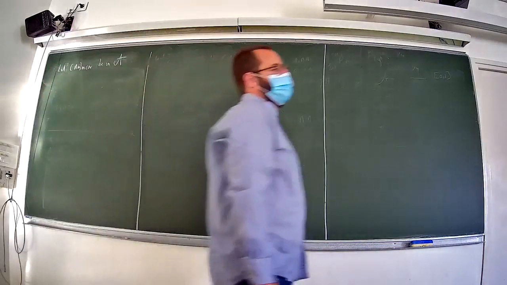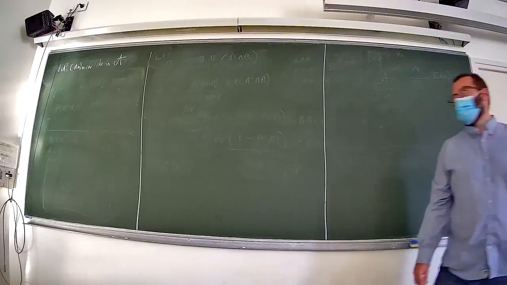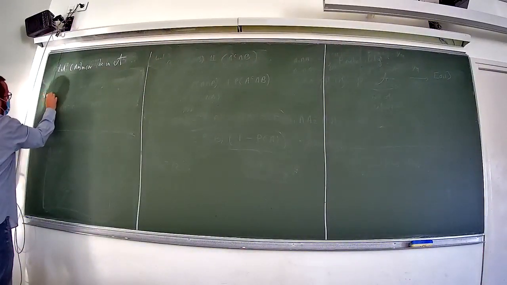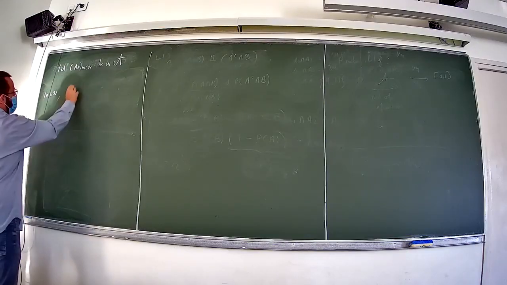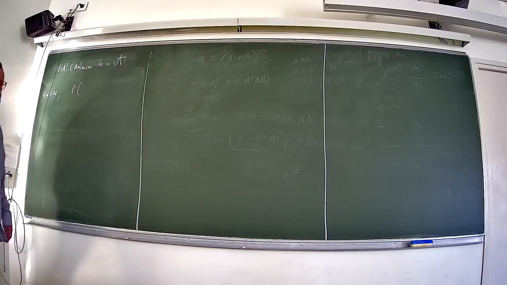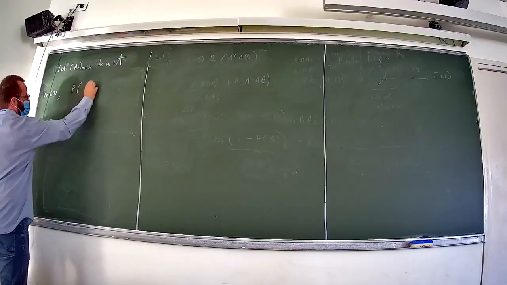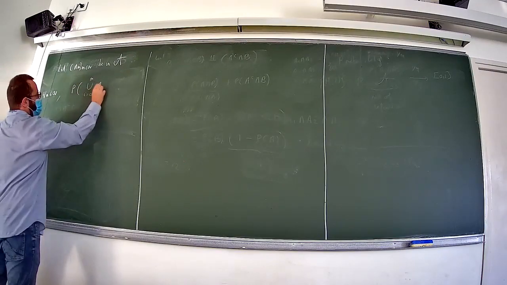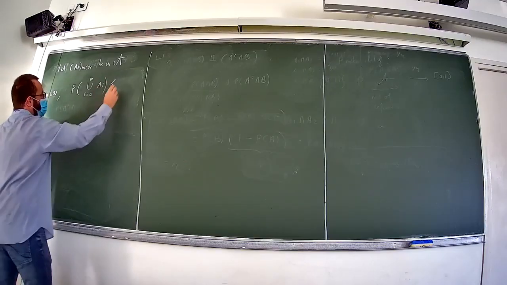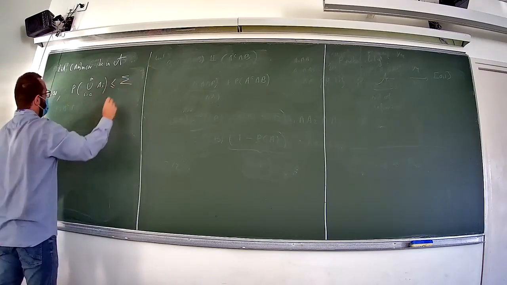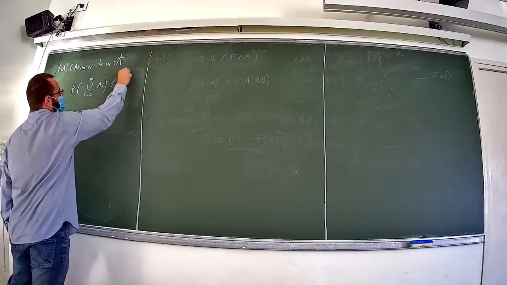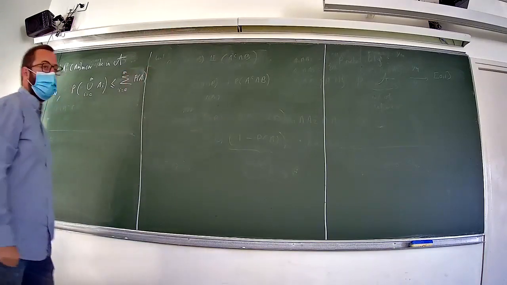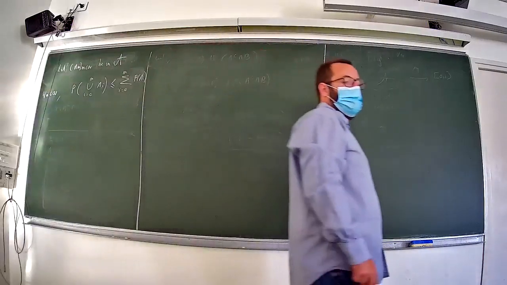And I want you to show first that for all n belonging to N, the probability of the union, so I just take the same notation, union from i equal to 0 to n of the A_i, is less than or equal to the sum of the probabilities.